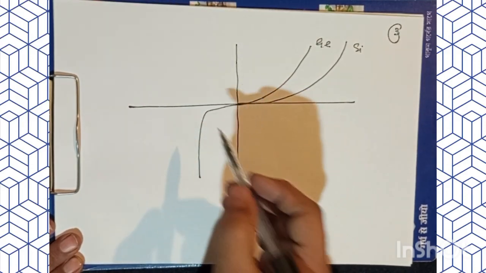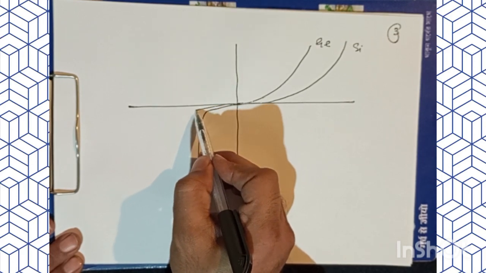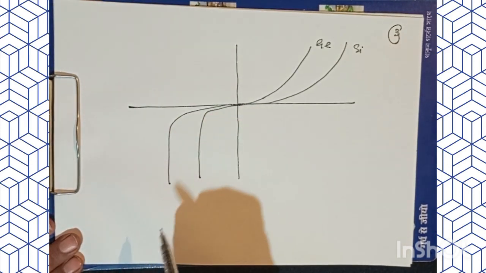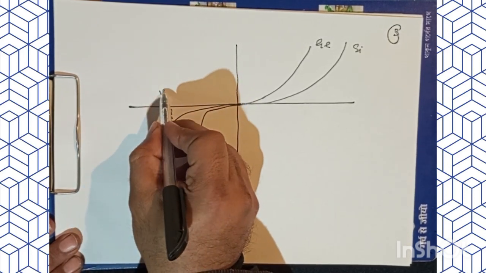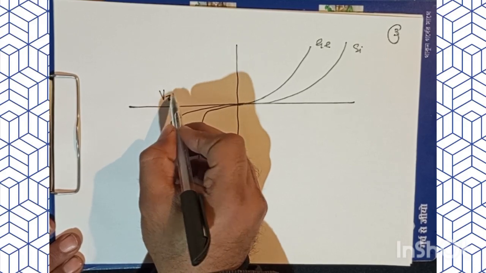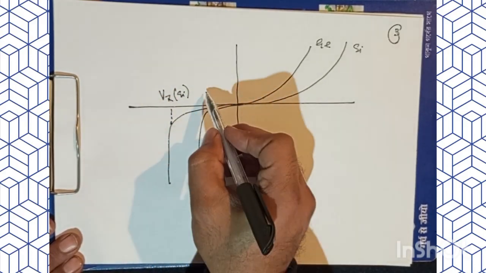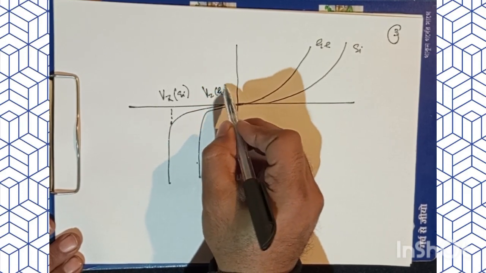I will assume that this breakdown is the zener breakdown. This is for silicon and this is for germanium.